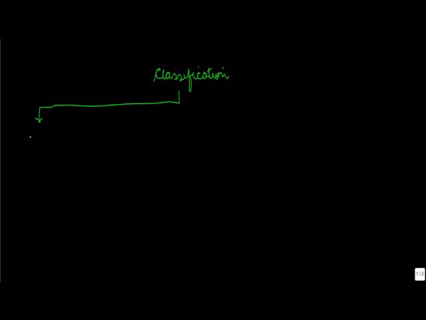The first one is the error of omission. In this, some or maybe more transactions may have been omitted. Omitted means missed out, not recorded, either completely or partially. So you have just forgotten to record some of the transactions in the books of account.